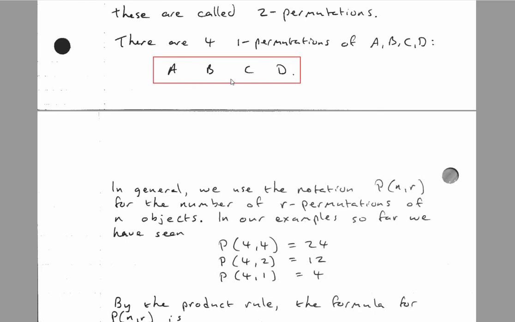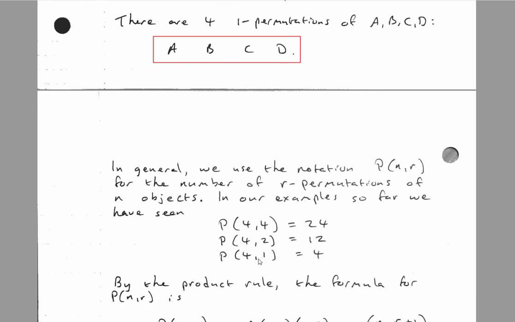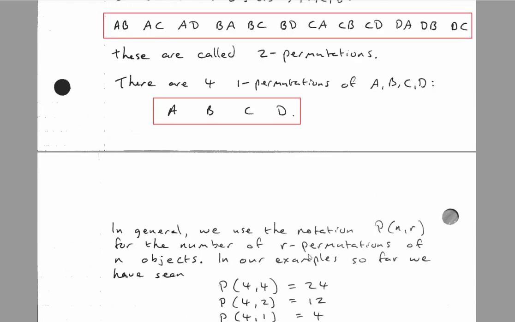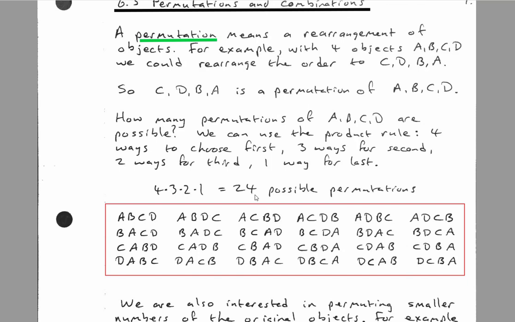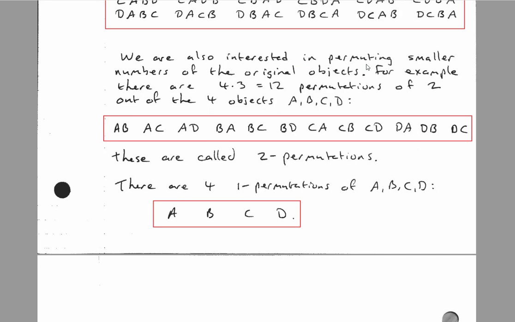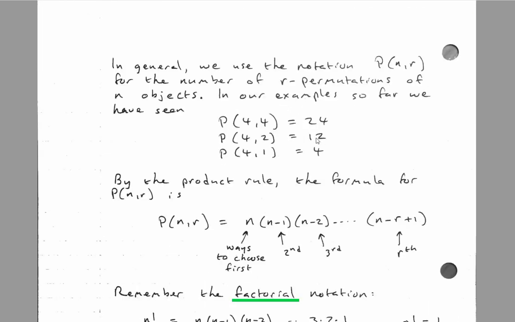And 1 permutations of 4 objects. I hope it's clear that we get the same numbers if we were permuting different objects, say W, X, Y, Z, or 7, 8, 9, 10. So it doesn't really matter what the labels are. You'll always get the same numbers.